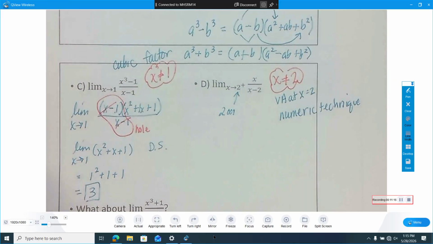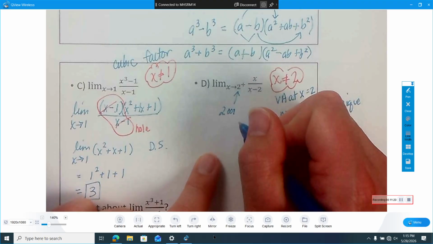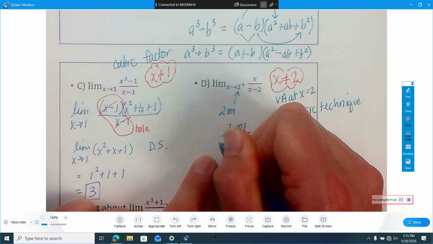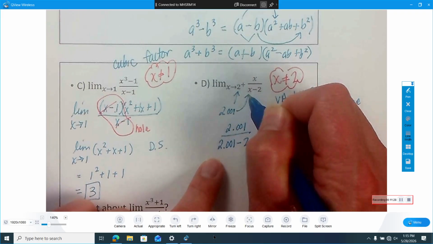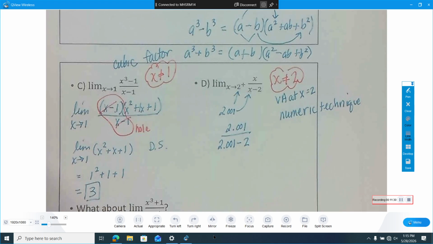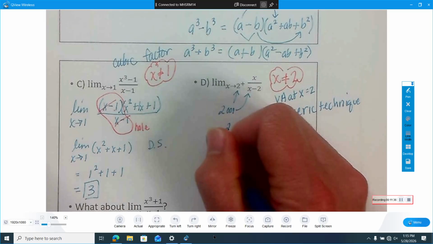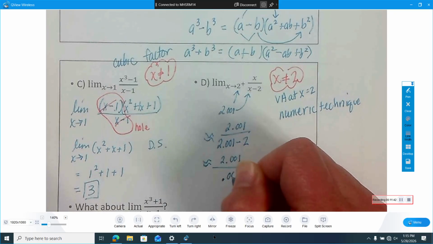I'm going to go 2.001. So we're going to test the value and just see what happens. 2.001 minus 2 is 0.001. So on top I have 2.001 divided by 0.001.